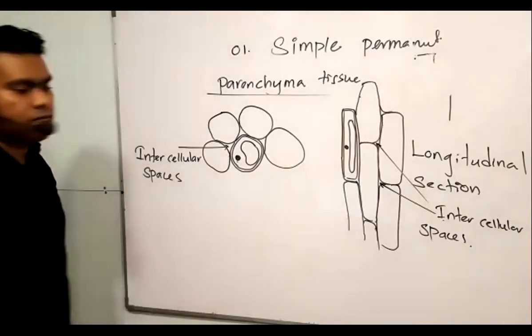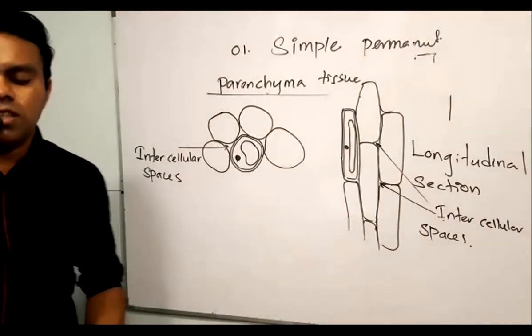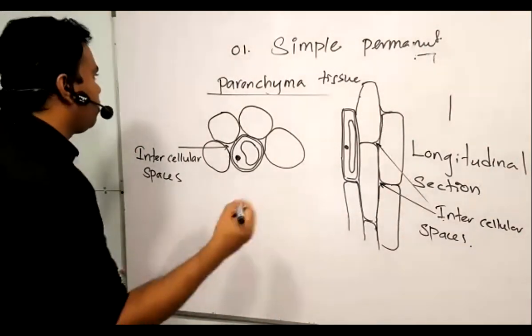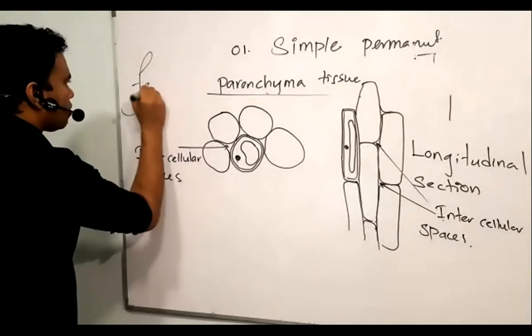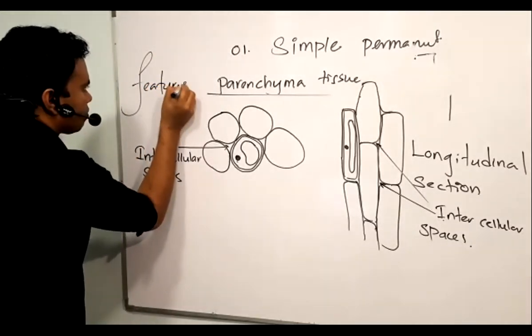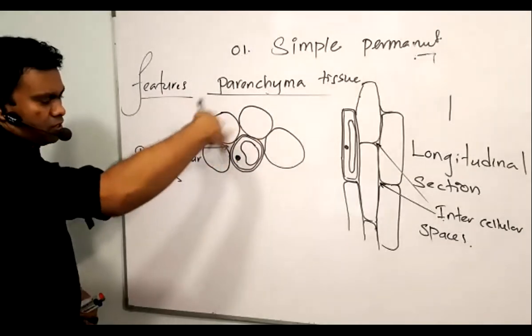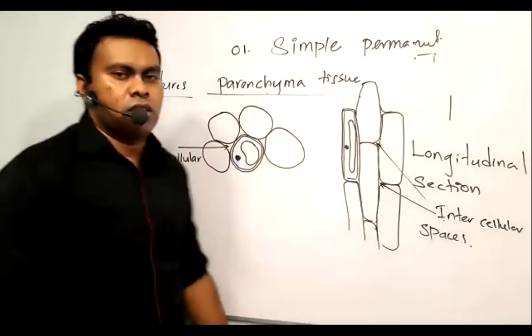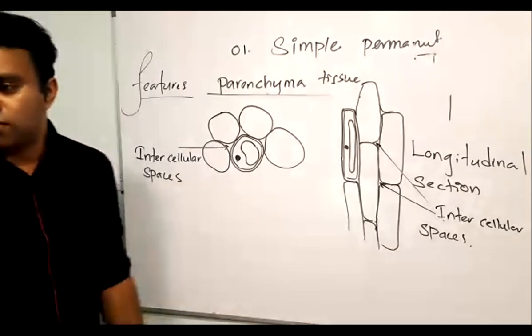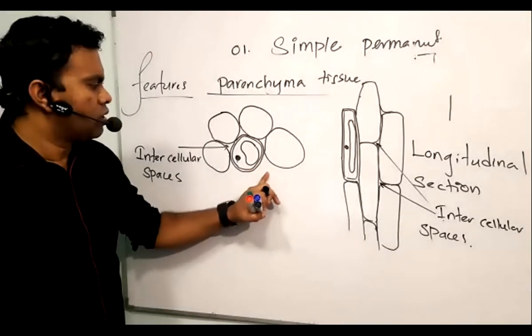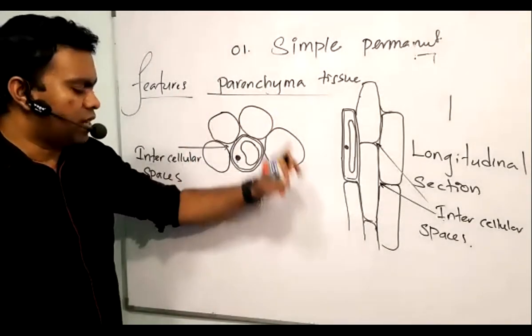Now write the topic: features of parenchyma tissue. Features. Okay, first these external features. Okay, right. All are living cells.